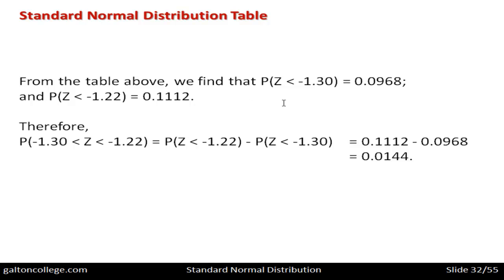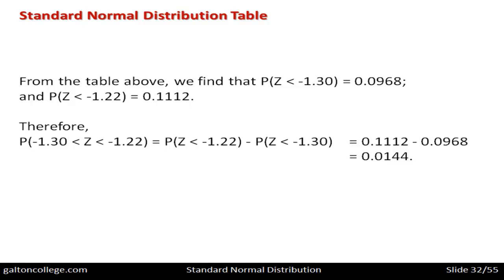From the table above, we find that the probability of z being less than minus 1.3 is 0.0968, and the probability of z being less than minus 1.22 is equal to 0.1112. Therefore, the probability of z lying between those two must be one minus the other, which is equal to 0.0144.